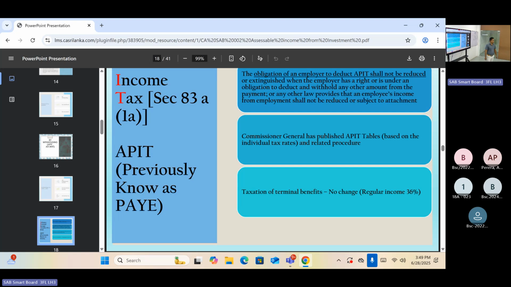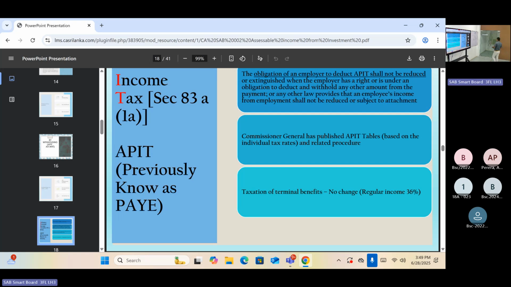For example, when you are joining a company, as per the contract, we are giving your parents medical benefit as well. If you are taking medical treatment for your parent, that bill is reimbursed by the employer. That is in the contract, so therefore it should be part of your employment income.